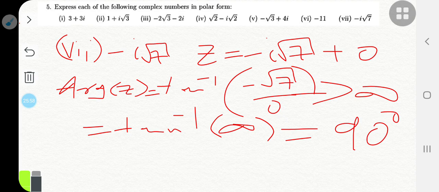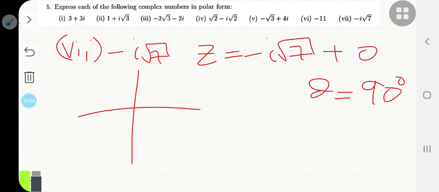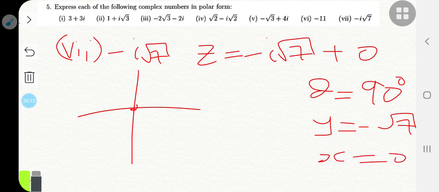So now we are going to say, am I supposed to use 90 degrees? Let's test it on the Cartesian plane and see if it's the actual angle you're supposed to use. So I'll draw it there quickly. Then I'll say my y, we said, is just equal to the negative root of 7, and my x is equal to 0.